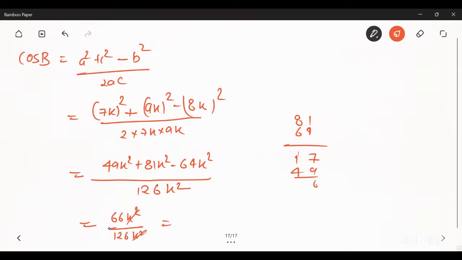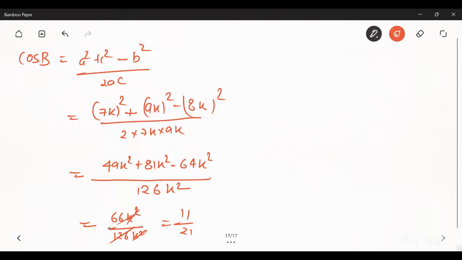Now if you cancel by 6, you will get 11 upon 21. So the value of cos B is 11 upon 21.